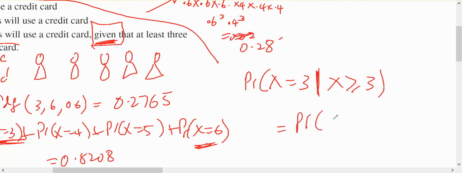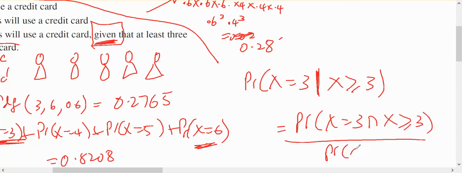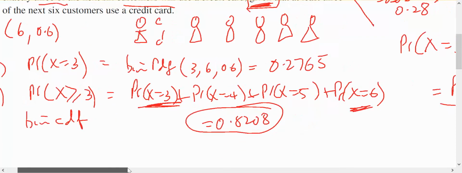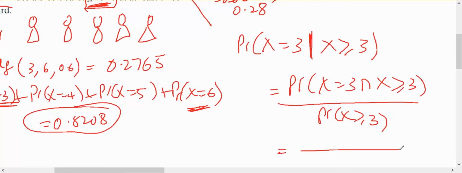That will be the probability that x equals 3 intersect x is bigger than or equal to 3, over the probability that x is bigger than or equal to 3. And I know that my denominator is 0.8208.